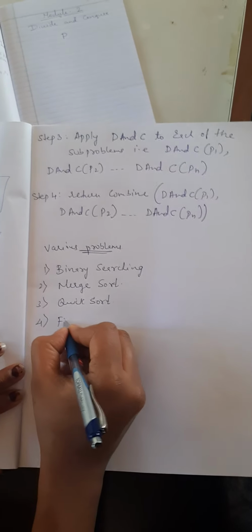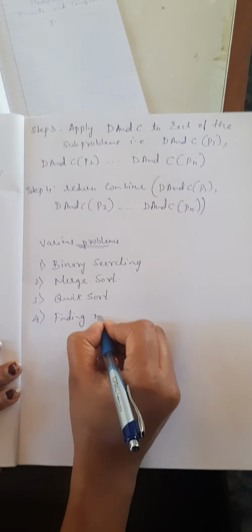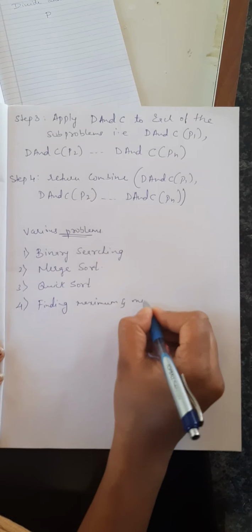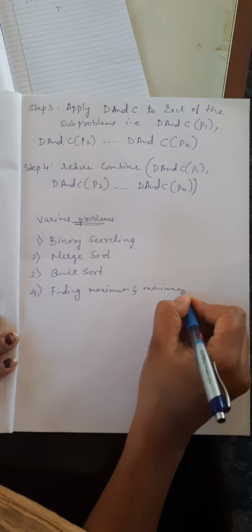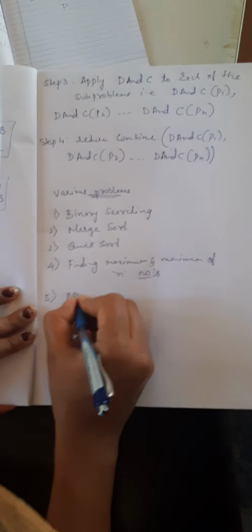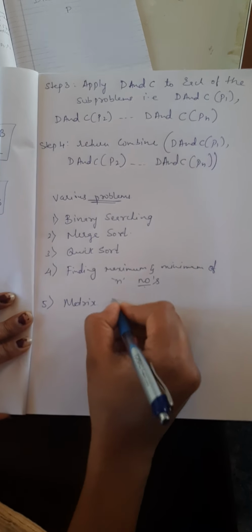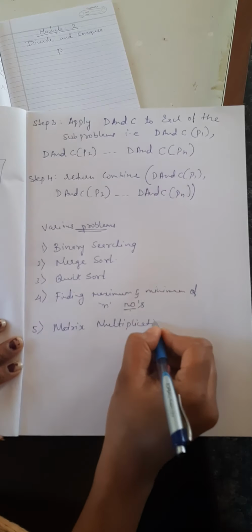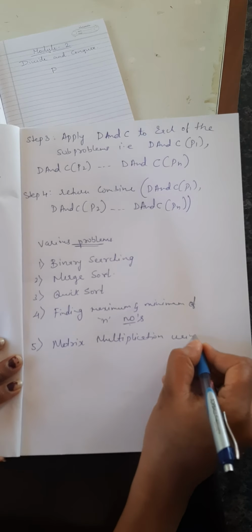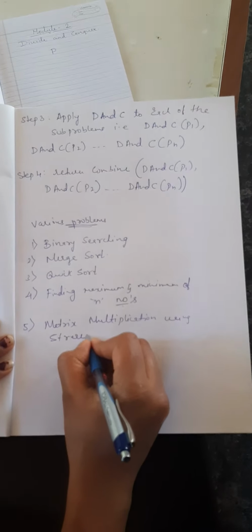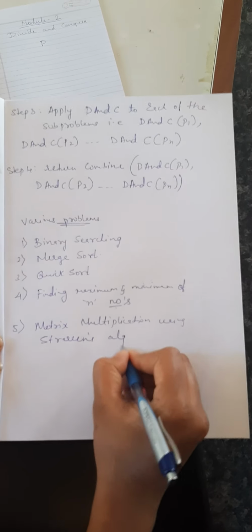Fourth one is finding maximum and minimum of n numbers. Fifth one is matrix multiplication using Strassen's algorithm.